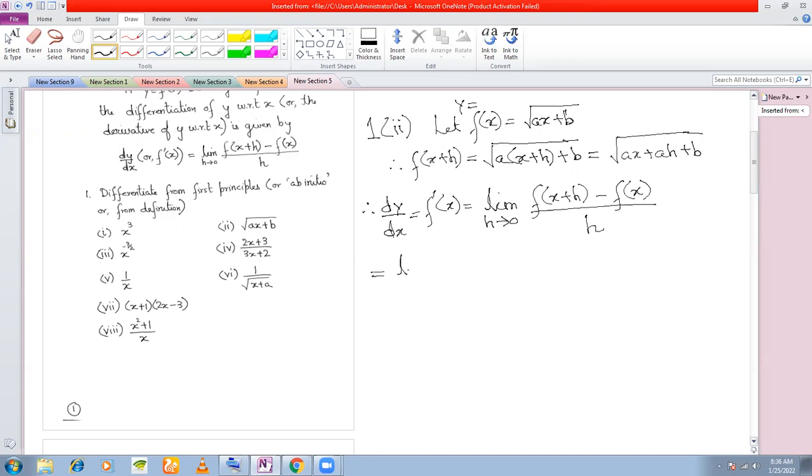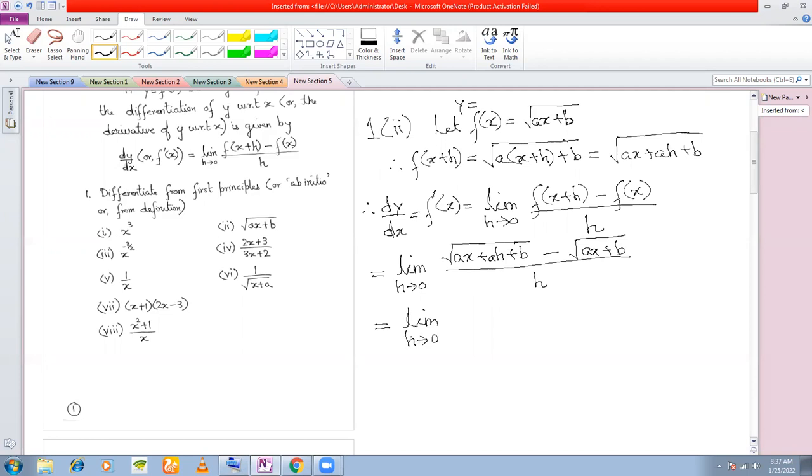So you have limit h tends to 0. Now simply put the values first. Root of a(x plus h) plus b minus root ax plus b, divided by h. Now we cannot put h is equal to 0 because we have a denominator as h, which will become an indeterminate form. Therefore, we need to make some changes before we put h is equal to 0.